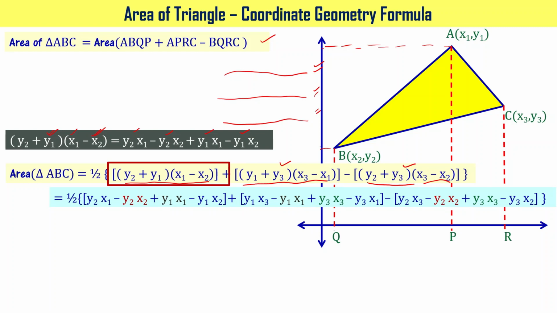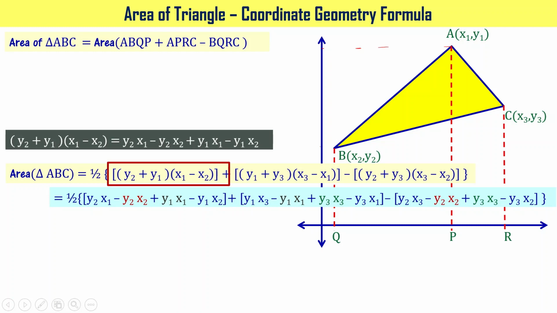As you see here, I have marked a few terms in red color, a few terms in black color, and a few terms in green color. You observe them. What you could get now is the following. The red color ones can get cancelled.